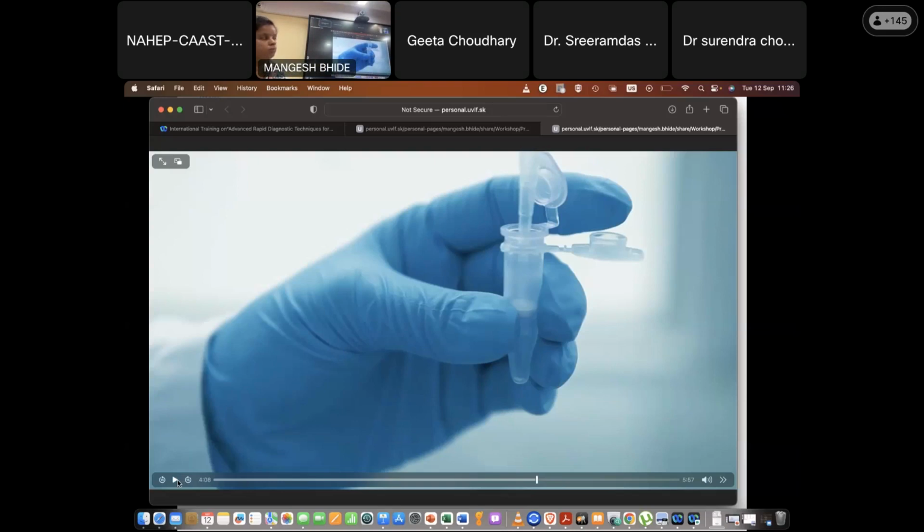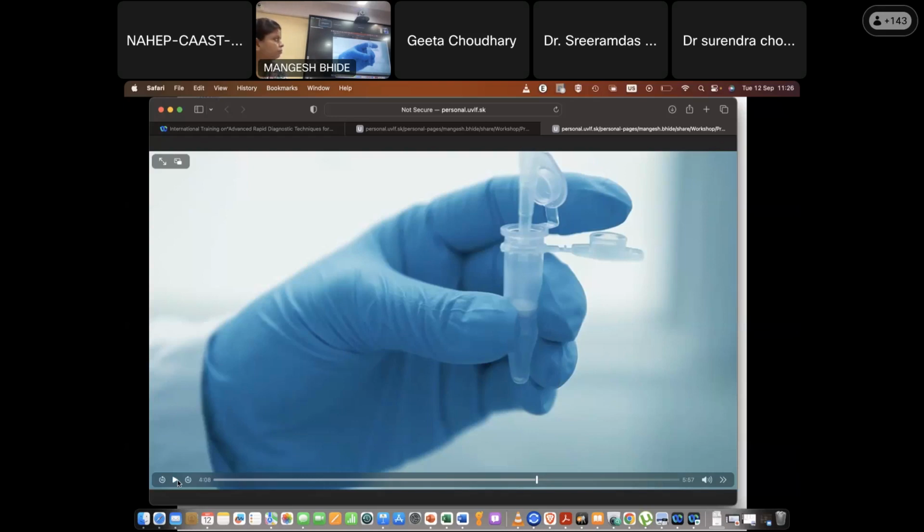In the first case, in the binding buffer, we have a high concentration of chaotropic salt, that is guanidine thiocyanate, right? So in the presence of salt, DNA binds to the filter. Now we want to take out the salt because we want the DNA very pure. The best way to remove the salt is to add ethanol.